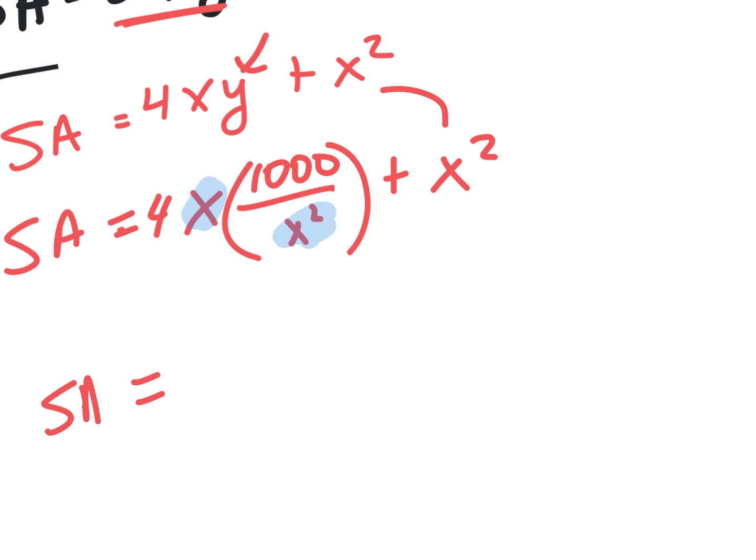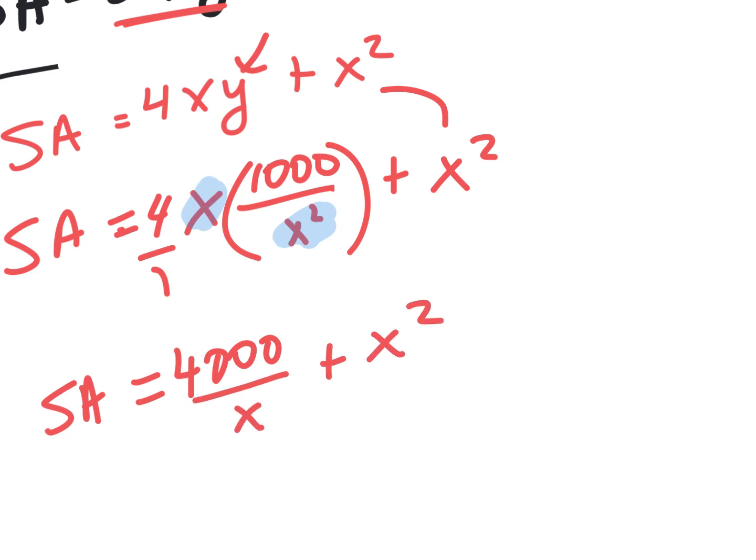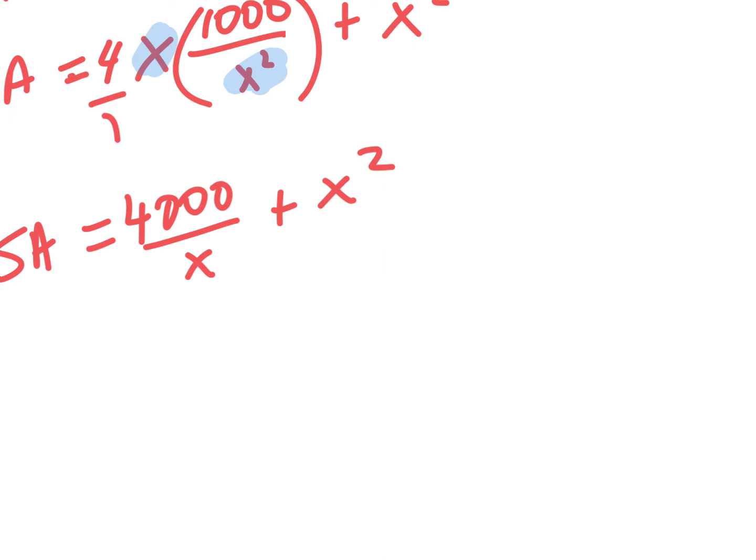The surface area is 4, and then one of those is going to cancel, times the 1,000 is 4,000. Remember, the 4 is really a 4 over 1, so multiplying 4 with the 1,000 makes 4,000 over x plus x squared, and I could even get more fancy if I wanted to get this to have a common denominator. Kind of depends. I'm going to say sure, it won't take me that much longer.